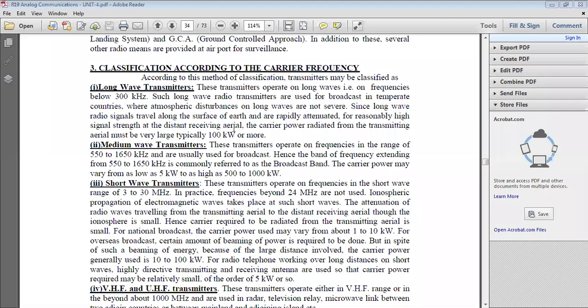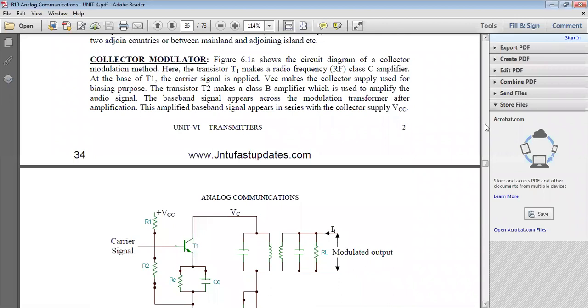According to the carrier frequency range used, we call it long wave, medium wave, short wave, VHF and UHF.